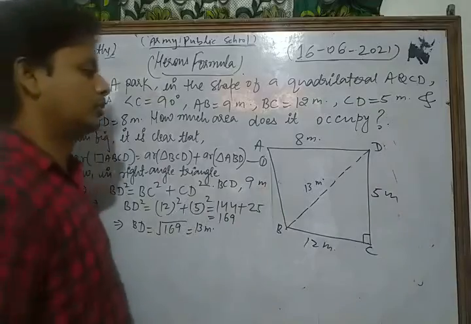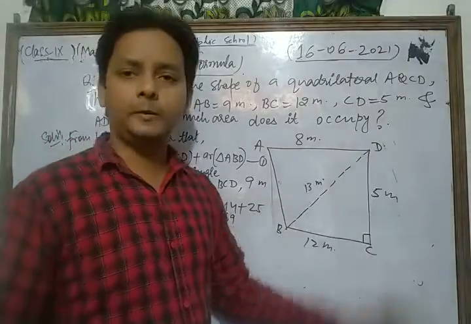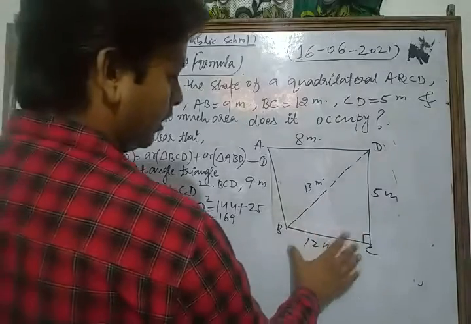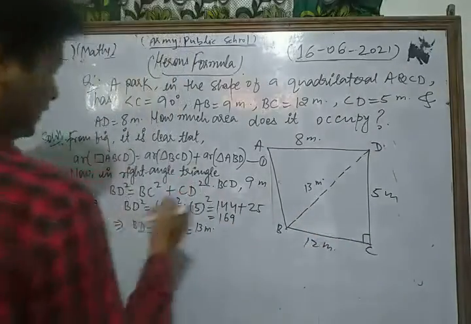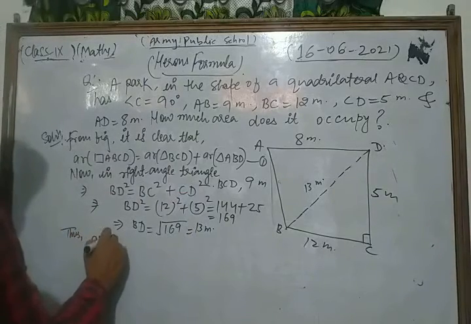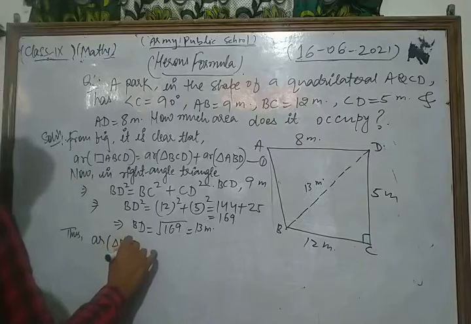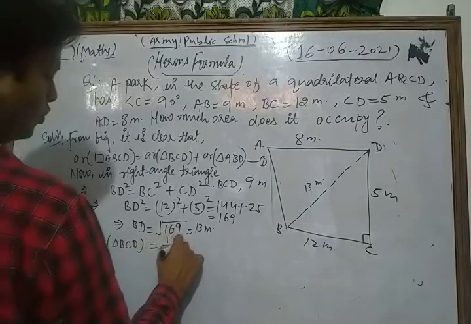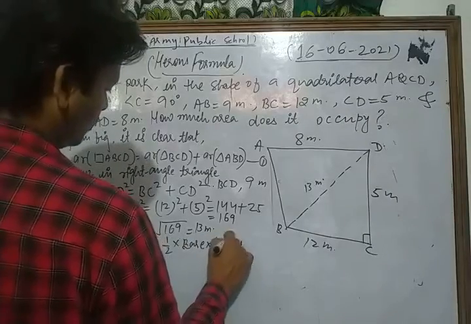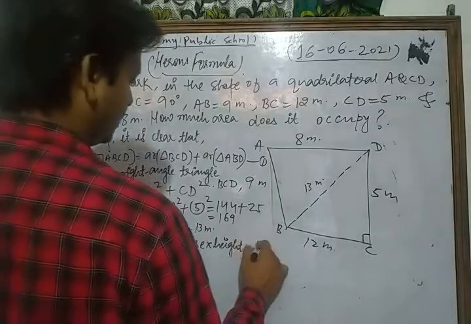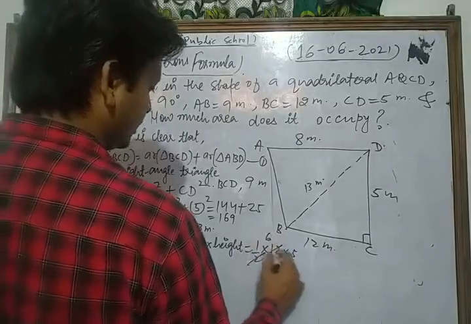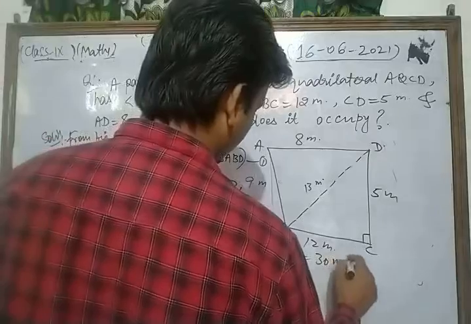Dear students, now first of all we find the area of triangle BCD, which is the right angle triangle. So we simply apply 1/2 base into height. Thus area of triangle BCD is equal to 1/2 into base into height, which is 1/2 into 12 into 5. 2 sixes are 12, 6 fives are 30 meter square.